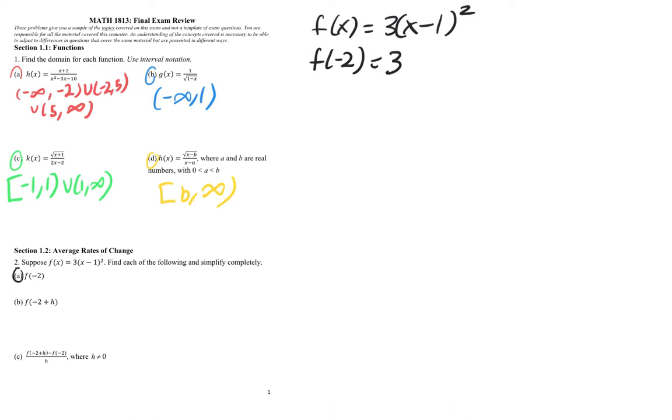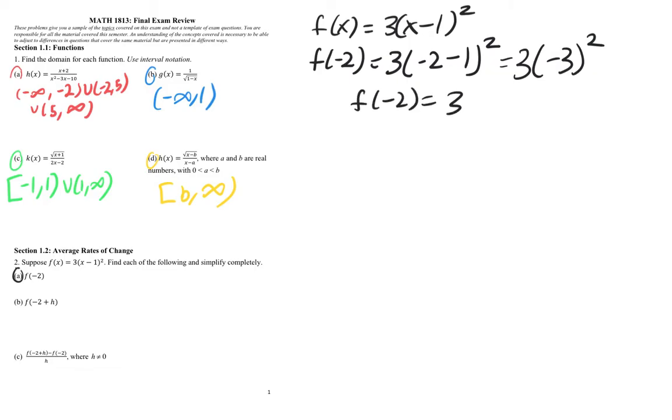So we're going to do 3 times -2 minus 1 squared. It's going to simplify down to 3 times -3 squared, where f of -2 is equal to 3 times -3 squared, which is 9. So f of -2 is just going to be equal to 27.